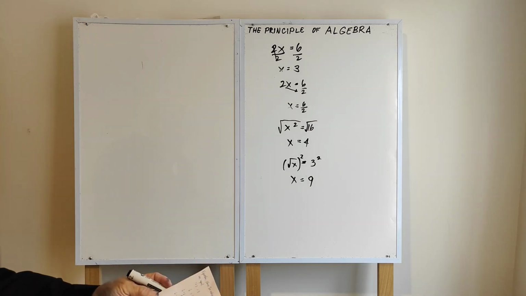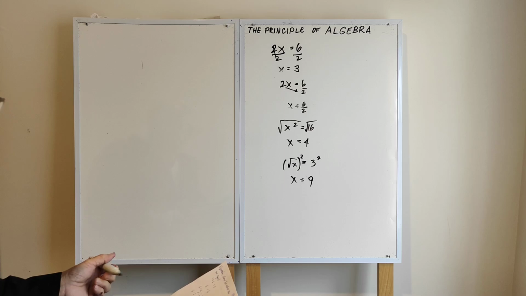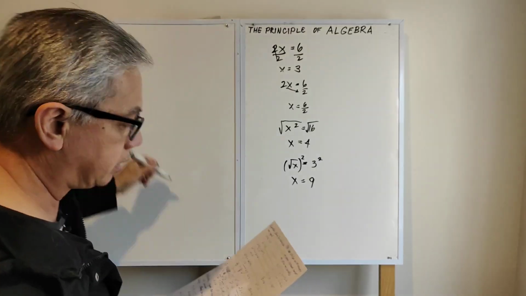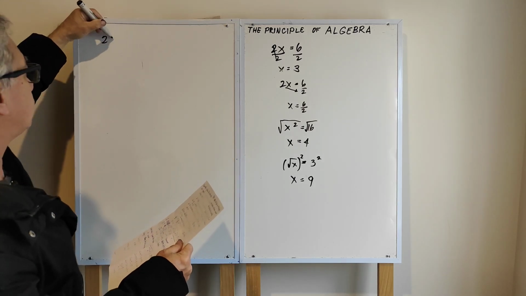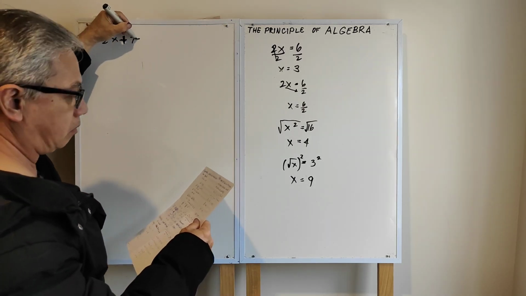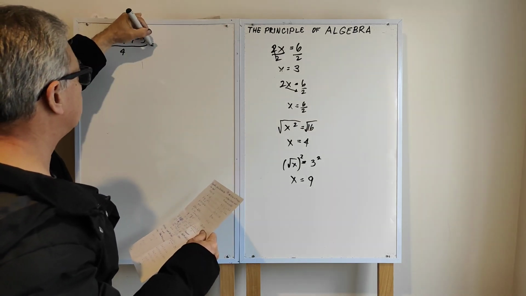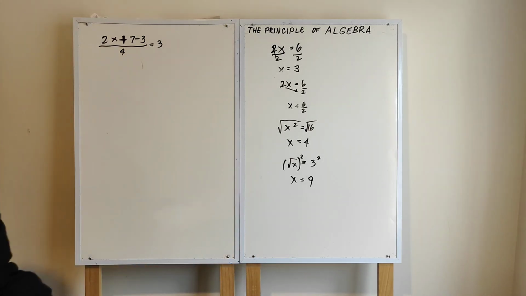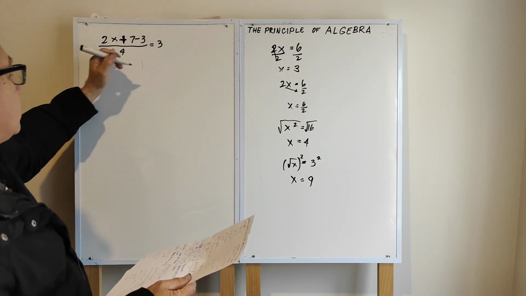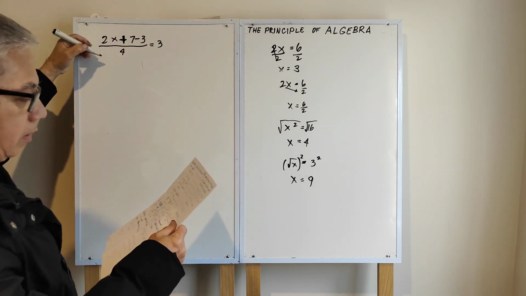Now, for example, we have a combination of numbers. For example, we have 2x plus 7 minus 3 divided by 4 is equal to 3. There's a normal sequence of removing these numbers to leave the x value alone.